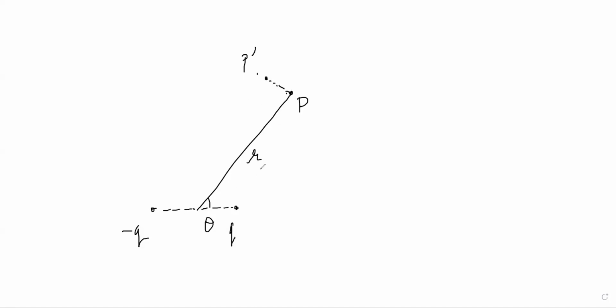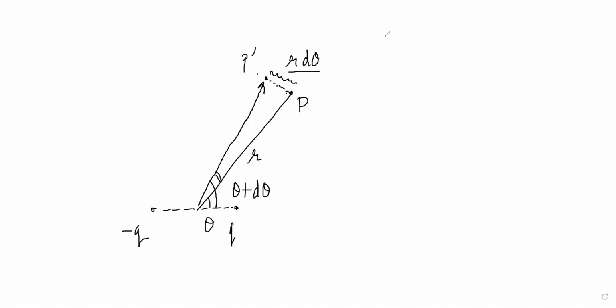You just rotate it by some distance, and this is your location. But now this is theta plus d theta, right? So think about it. This small distance should be roughly r times d theta, because this angle is d theta and the radius in which you have rotated is r.